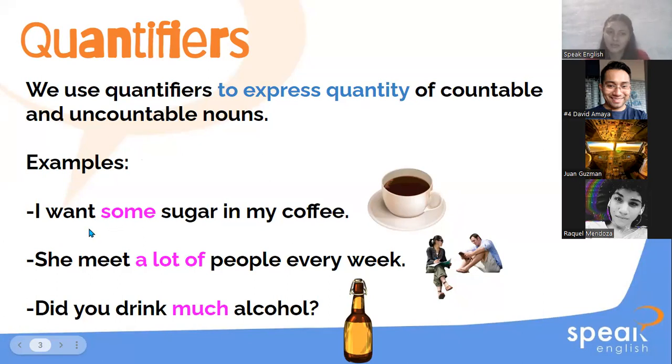Some sugar. She meets a lot of people every week. She cannot count how many people she meets during the weekend, right? So that's why she used a lot of people.